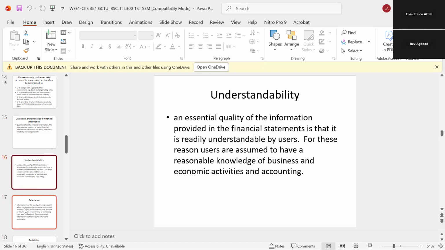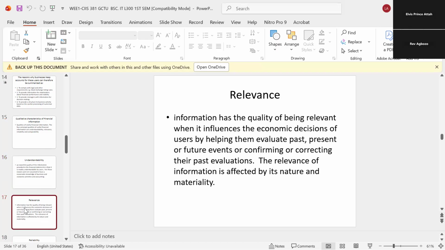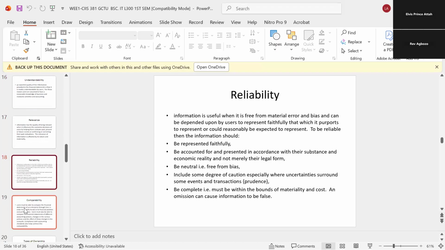The notes explain the qualities as I just explained to you, but I will emphasize the reliability. You see, a person invests into a business. His expectation is that he will make profit out of it. Usually, the person who invested into the business is not in the business working day to day.